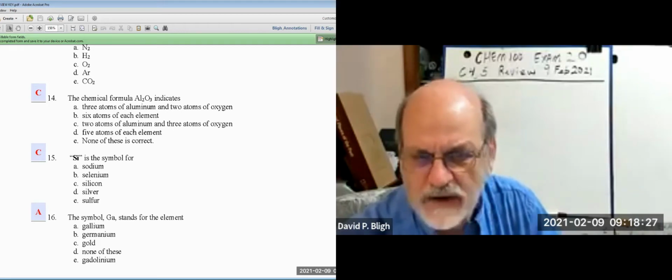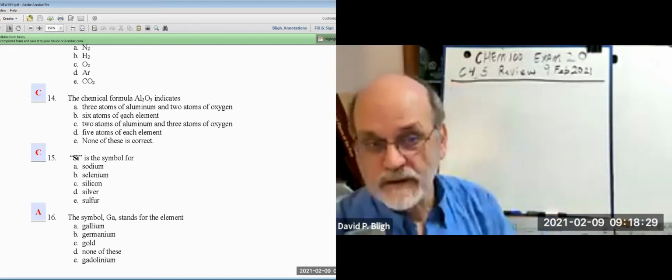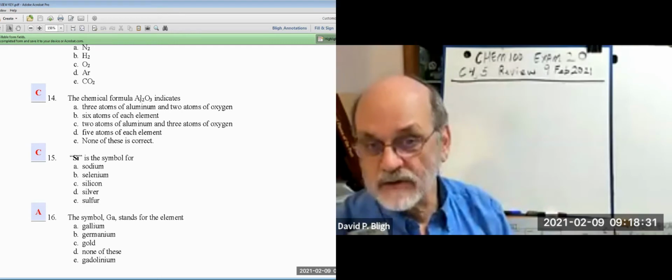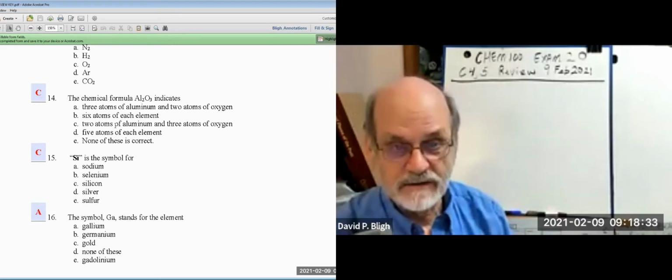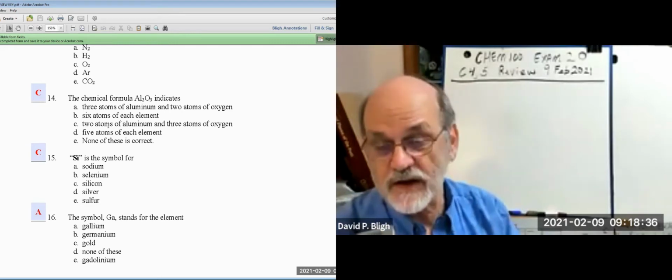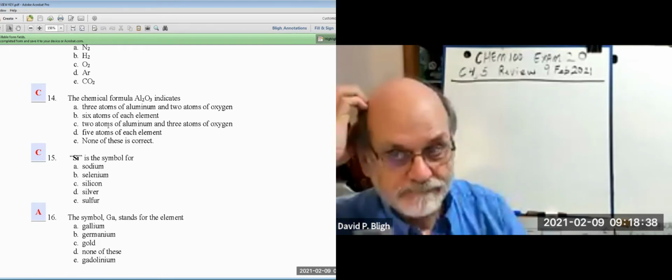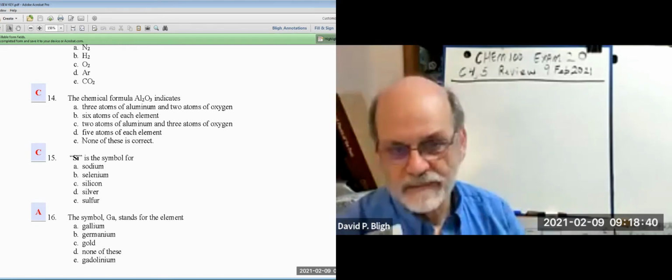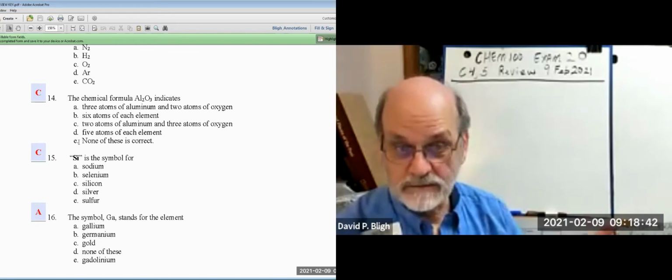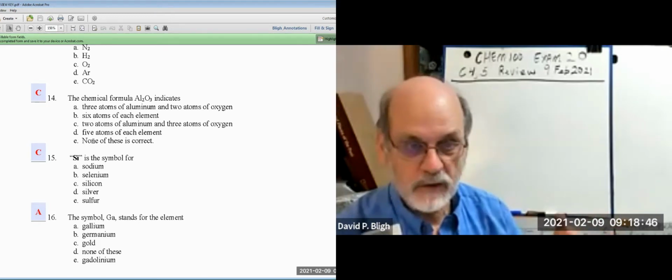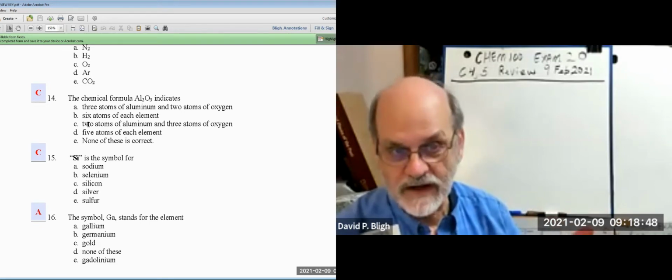So you count the number of each. So you're going to have 2 atoms of aluminum and 3 atoms of oxygen. So C is the only possibility there. Well, it's not the only one, but since you found a correct one, then E is wrong, right? It couldn't be E, because there is one correct one in there, and that's C.